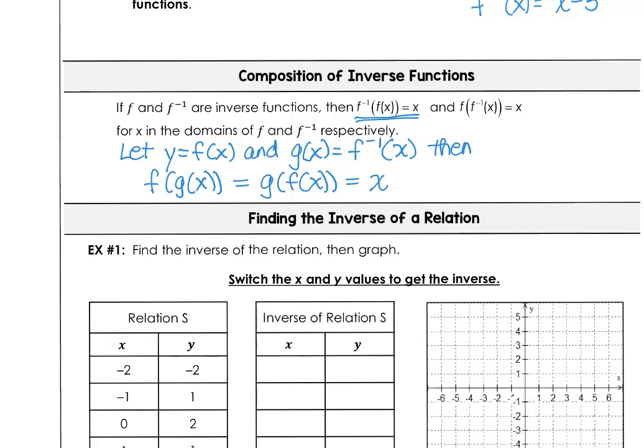This is my identity. So if we do f of g of x and we get an x, and we compose g of f of x and we get an x, then we know that f and g are inverse functions of each other.